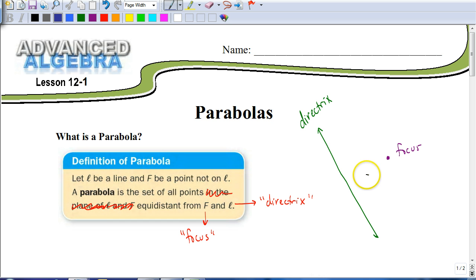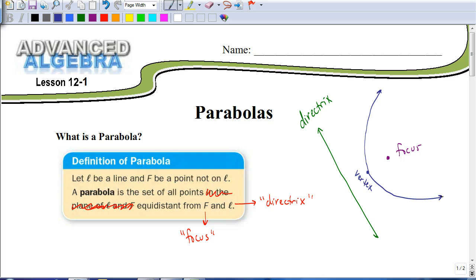Our parabola then, the vertex of our parabola is going to be halfway between these two, the directrix and the focus. This would be your vertex. And the parabola then would be all the points that are going to be equidistant between the focus and the directrix.